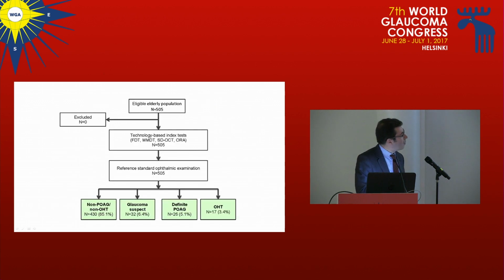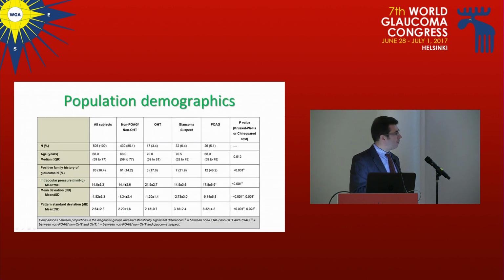This is a breakdown of the patients. So 505 patients, no exclusions. The technology is evaluated, and this is the diagnostic classification of the subjects, and we had 5% of the population that actually had glaucoma.